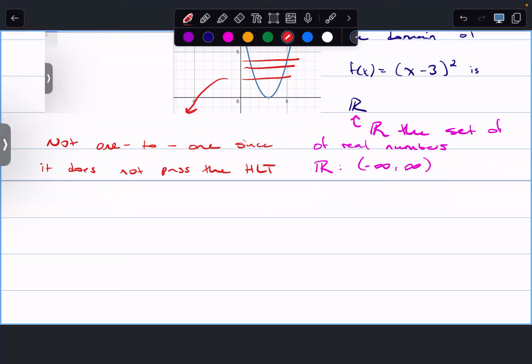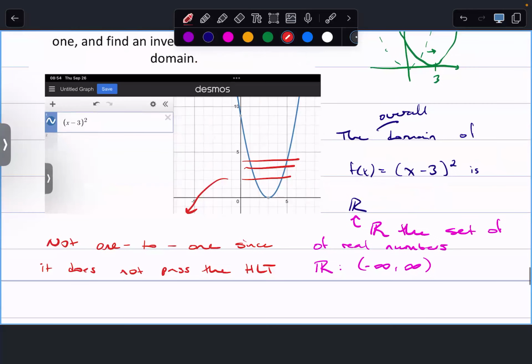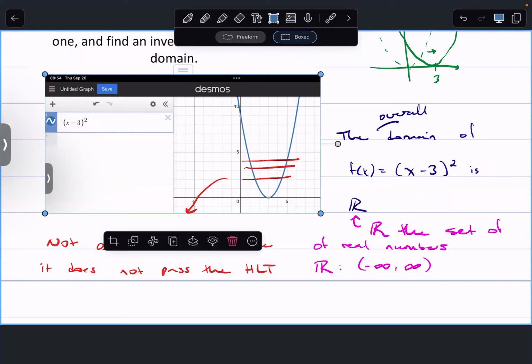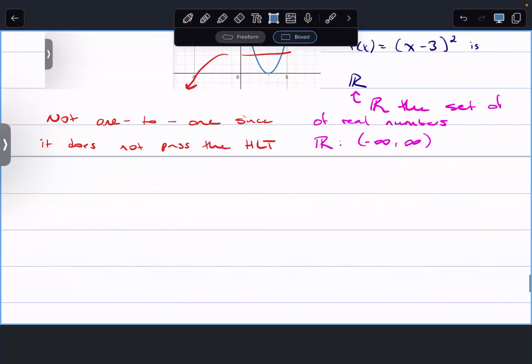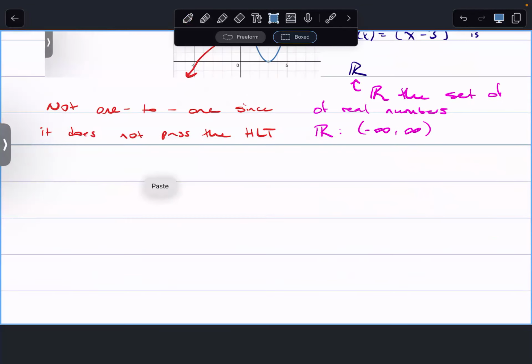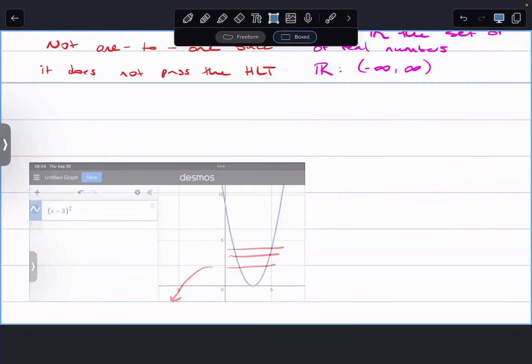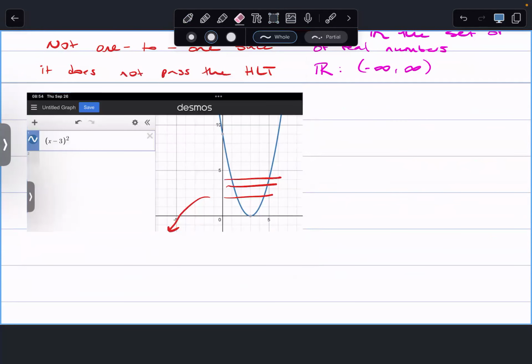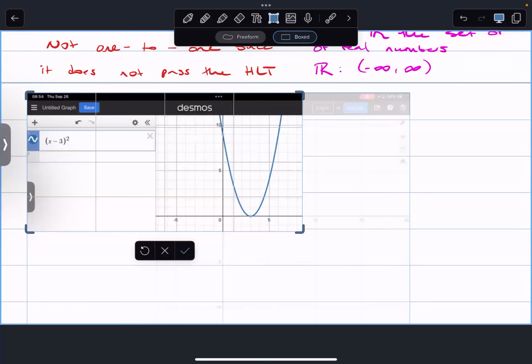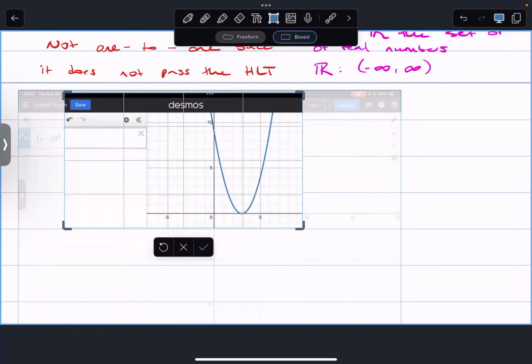I'll copy this, erase this, and crop this up a little bit more because I just want the graph now.